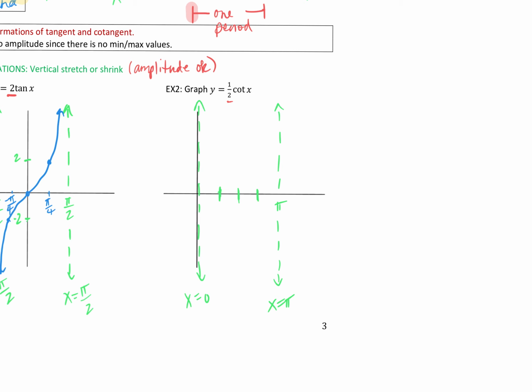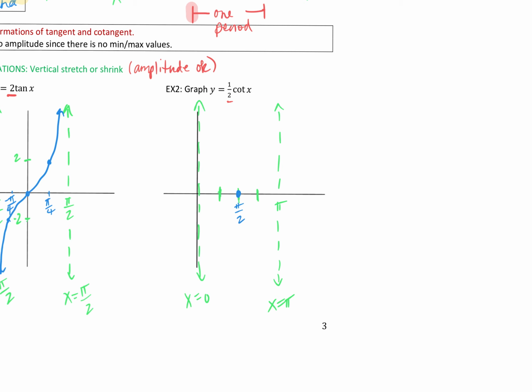We did that with sine, cosine, cosecant, secant. It's all by fourths. So at the halfway point is where our cotangent is going to be 0. And that would be at pi over 2. So between the 0 and the pi over 2, that halfway point is where it's going to be 1.